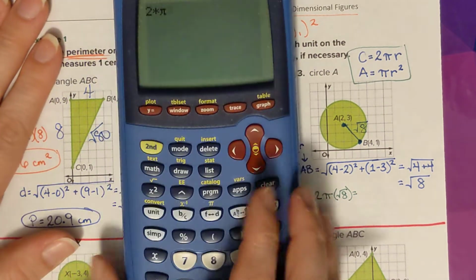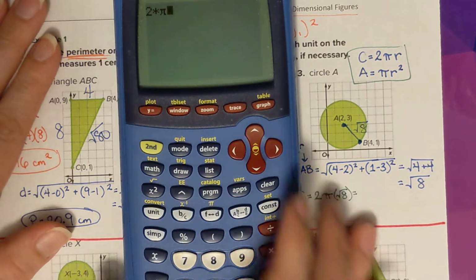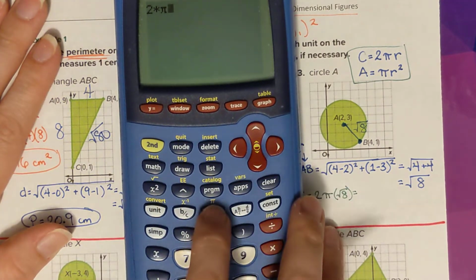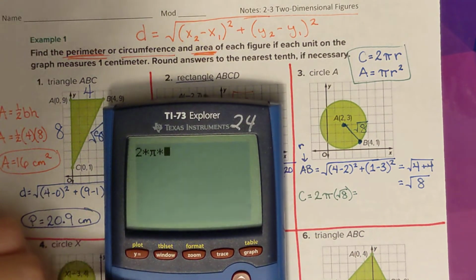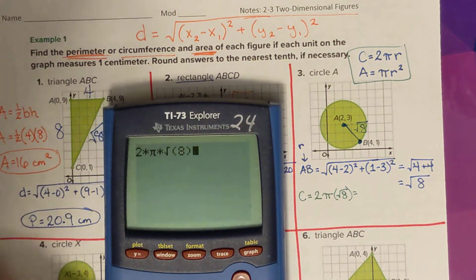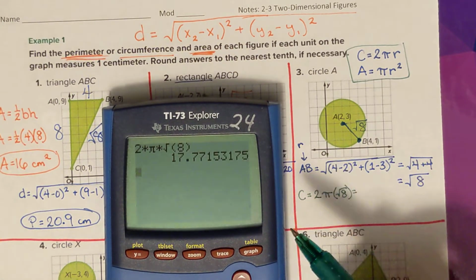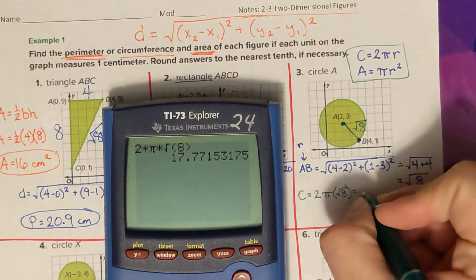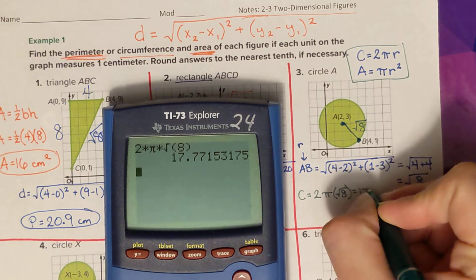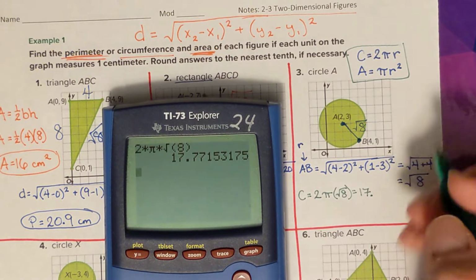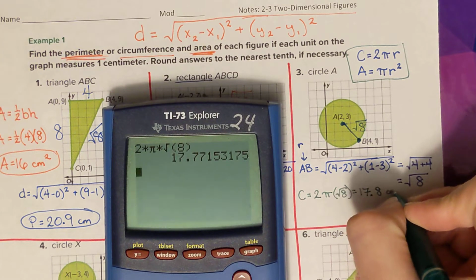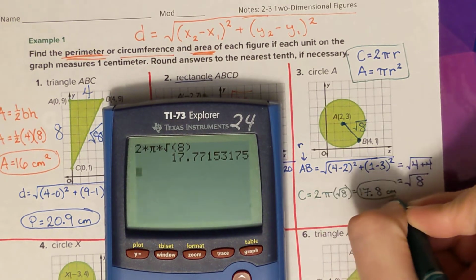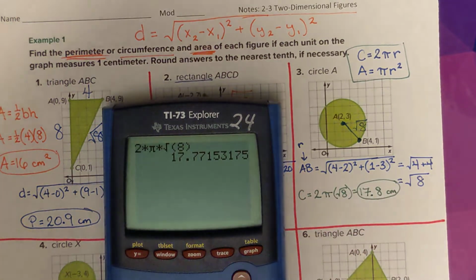Your buttons just look different from mine. So anyway, 2 times pi times square root of 8. You should get about that. So again, we're going to round to the nearest tenth, so 17.8 centimeters for our circumference.